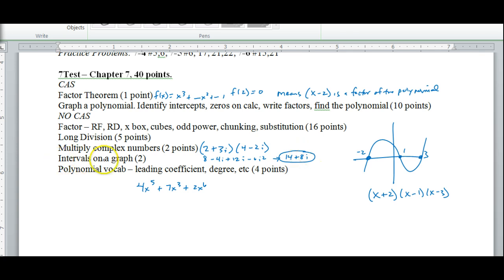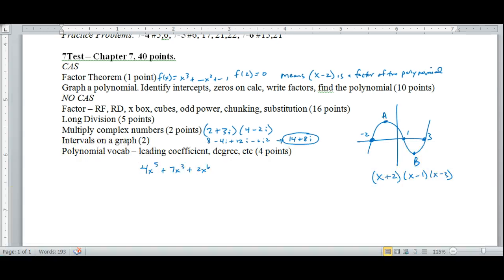When you do intervals on a graph, you're just going to have to indicate where it's increasing or decreasing, or where it's positive or negative. So for example, if I were using the graph that's pictured here, I would say that the graph is increasing from negative infinity up to a.